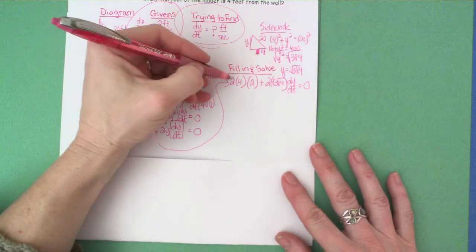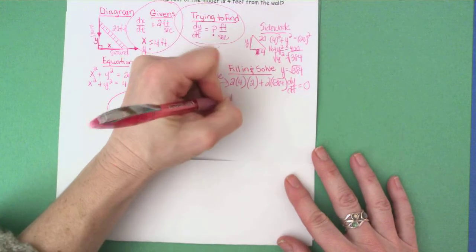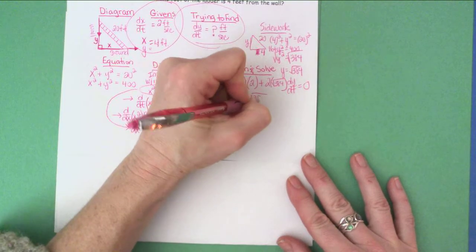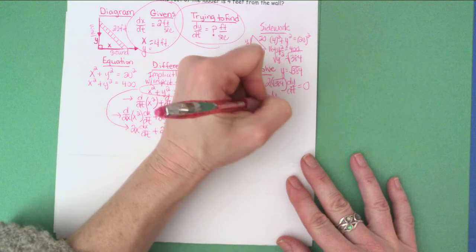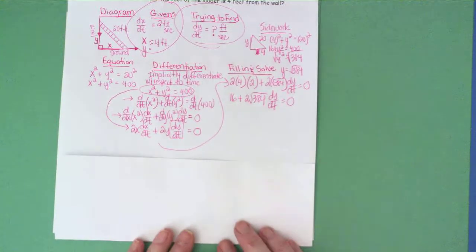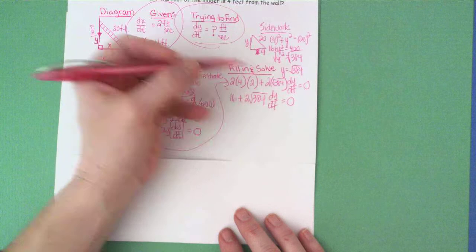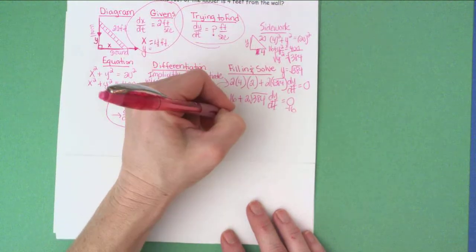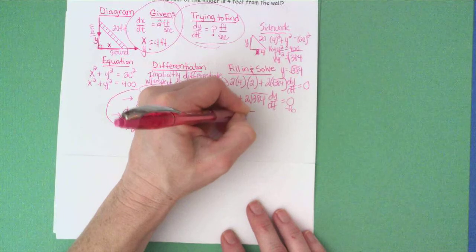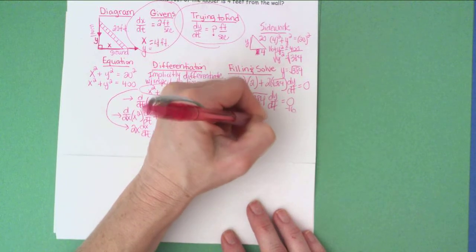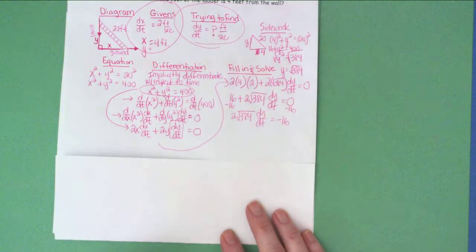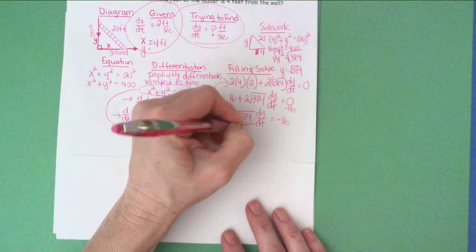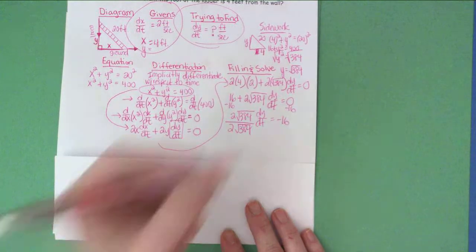So 2 times 4 times 2, of course, is 16, plus 2 square root 384 dy/dt equals 0. Solving for dy/dt, I'm going to subtract 16 from both sides. So I have 2 square root 384 dy/dt equals negative 16. And my final step will just be to divide both sides by 2 times the square root of 384.